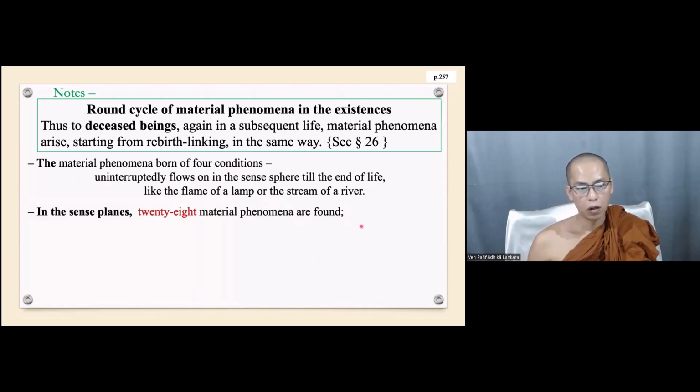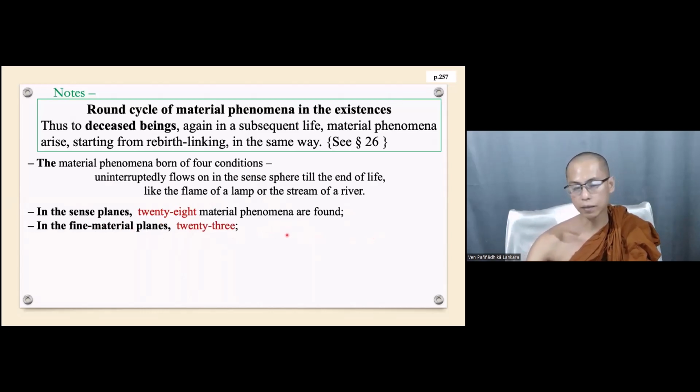So let's enumerate the materiality according to the plane of existence. In the sense plane of existence, all 28 material phenomena are found. In the five material planes, 23. But here, the five material planes refer to the fifteen material planes except the non-percipient beings, 23.